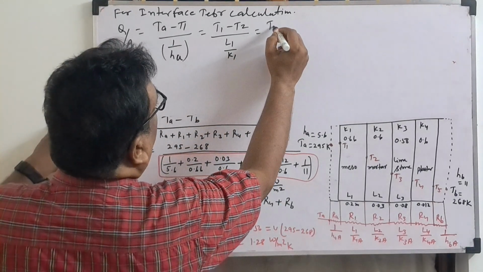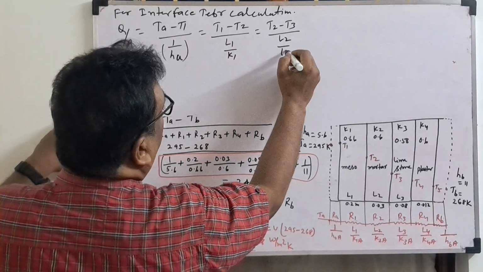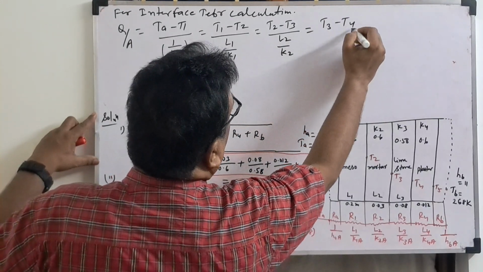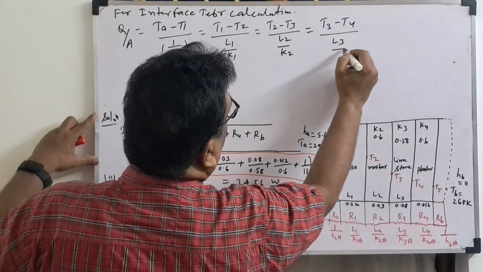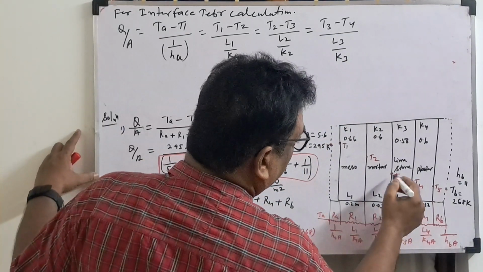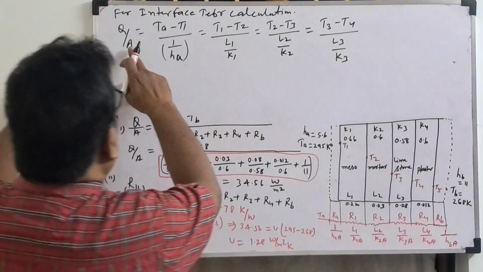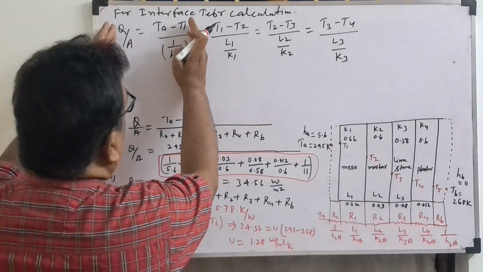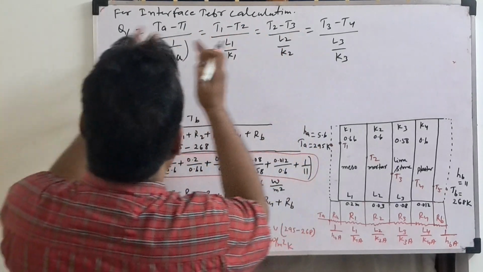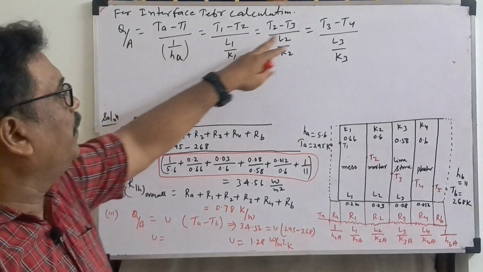Then T2 minus T3 by L2 by K2, equal to T3 minus T4 by L3 by K3. What are they asking? They are asking only T3. So this also is not required. But Q by A is equal to this separately, and separately this, that means all these will be equal.